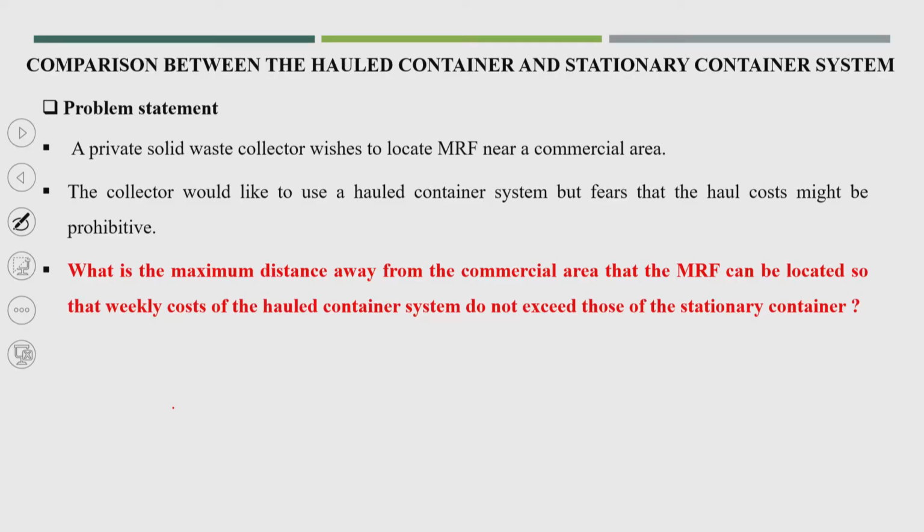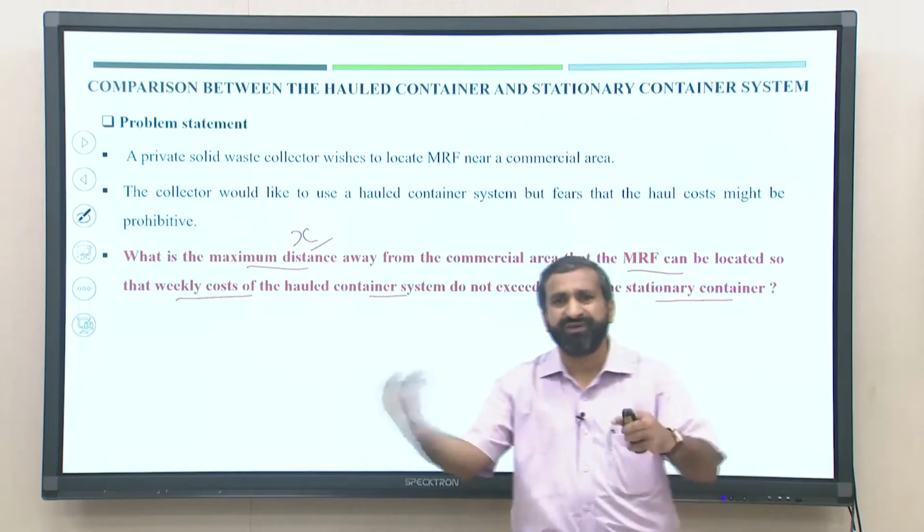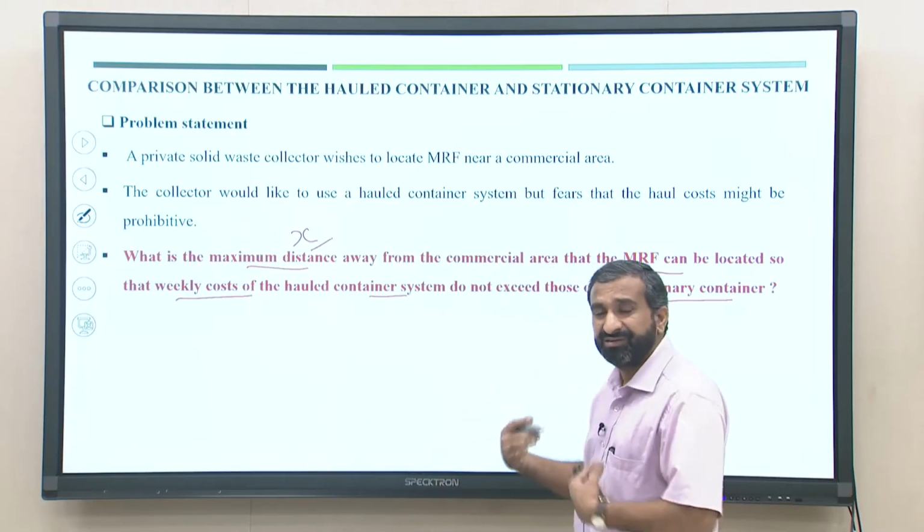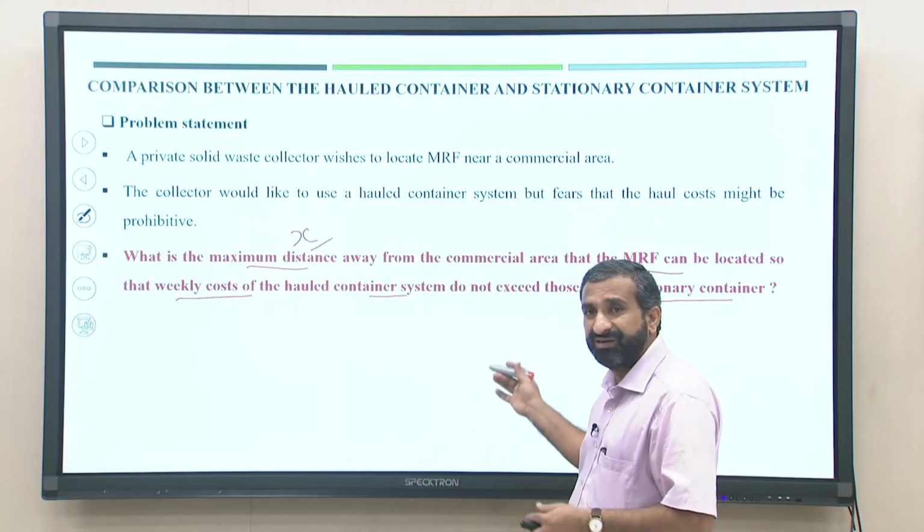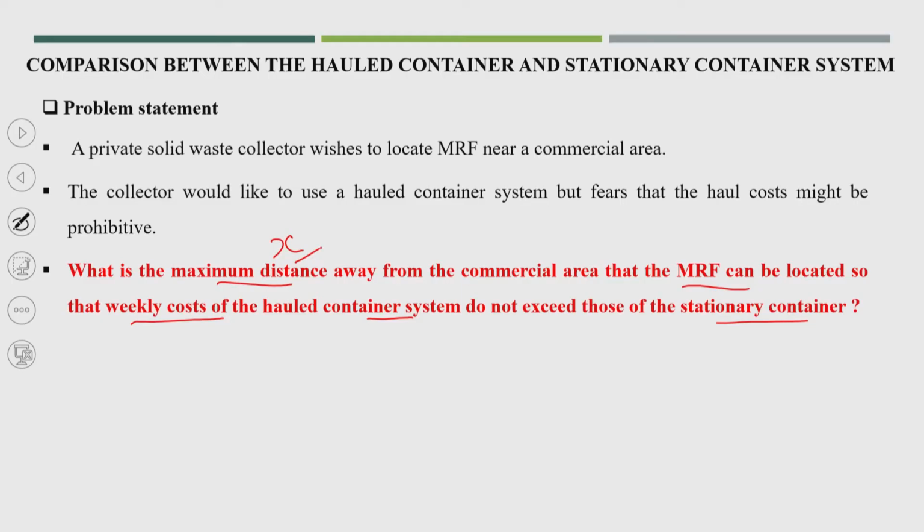Here we have to finalize the location of the MRF, the material recovery facility, in such a way that the weekly cost of the haul container system does not exceed the stationary container system. That means we have to finalize the x value, the maximum distance, whether round trip distance or one way distance, where this private collector will finalize the recycling facility or MRF center.